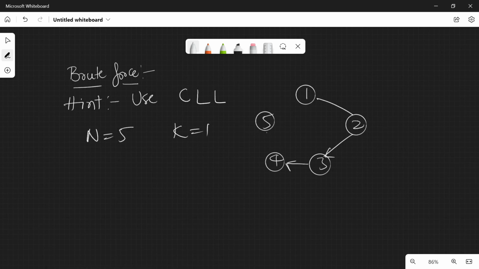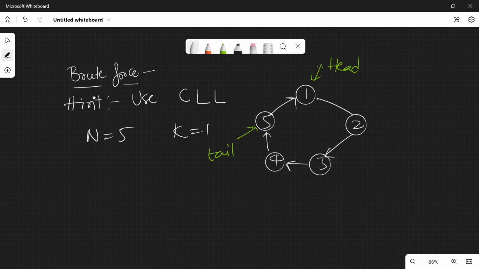I hope you know the implementation of a circular linked list. It has a next pointer, and the tail again points to the head. Let's say this will be our head, and this is our tail. The tail will point back to the head. That's the circular linked list.